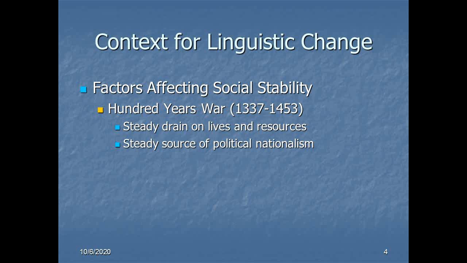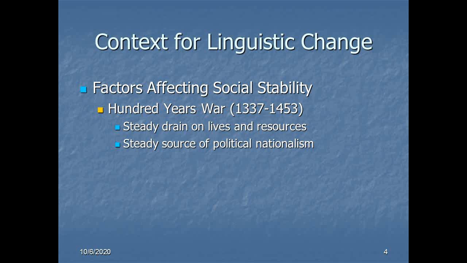But this increasing sense of self-conscious Englishness that we see with the readoption of English as the language of Parliament and the assertion of English supremacy over England as opposed to papal supremacy over England speaks to a growing sense of cultural confidence among the English, that they were not second-rate Europeans, which for the last few centuries, since the Norman Conquest, had been the predominant tenor of how Englishness had been viewed.